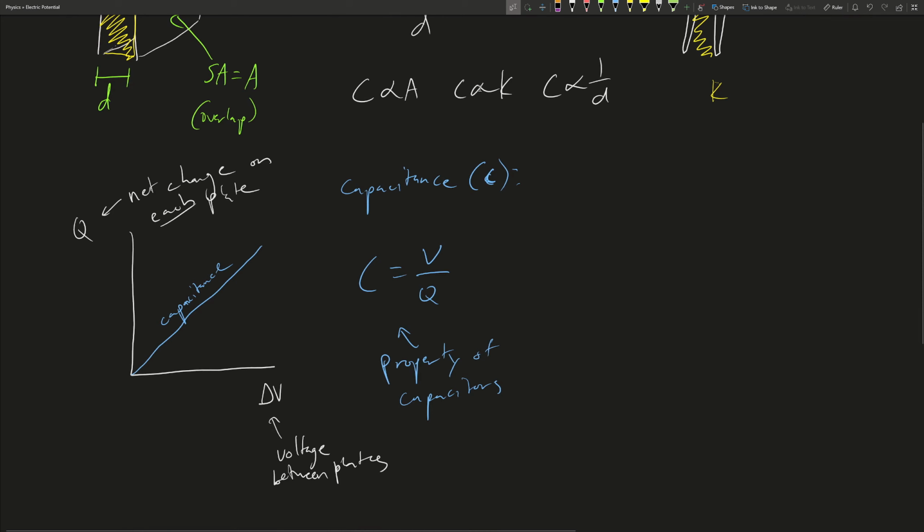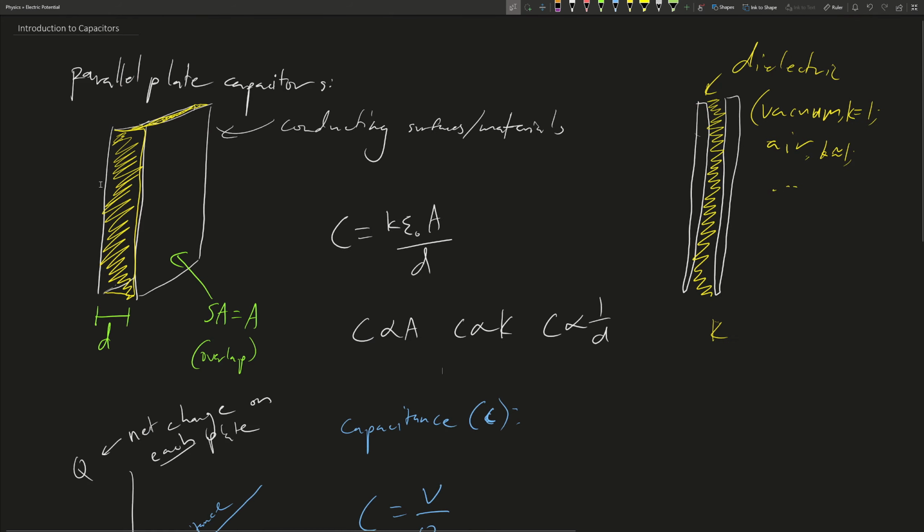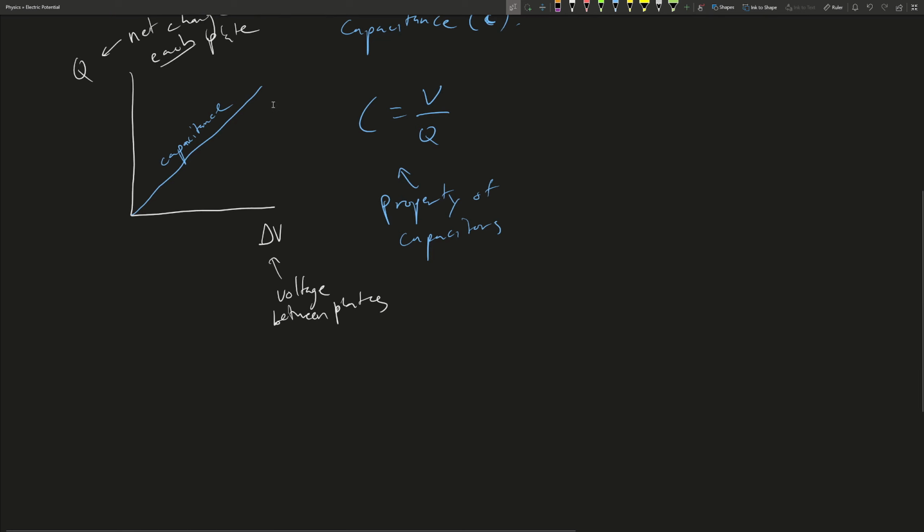Okay, and now capacitors can store energy, and we know that by the definition of voltage, voltage is going to be equal to change in energy over charge. So change in voltage is equal to change in energy over charge, but then change in energy is equal to change in voltage times charge.